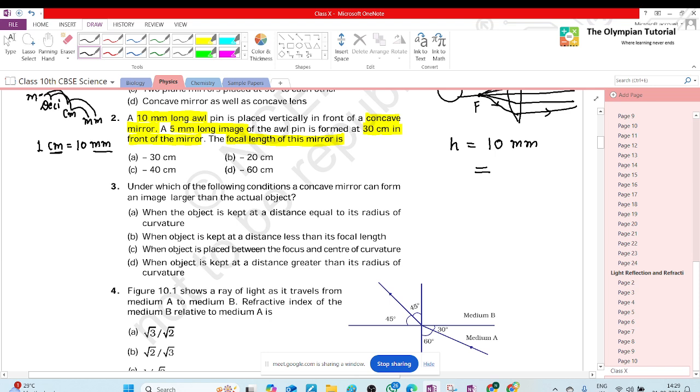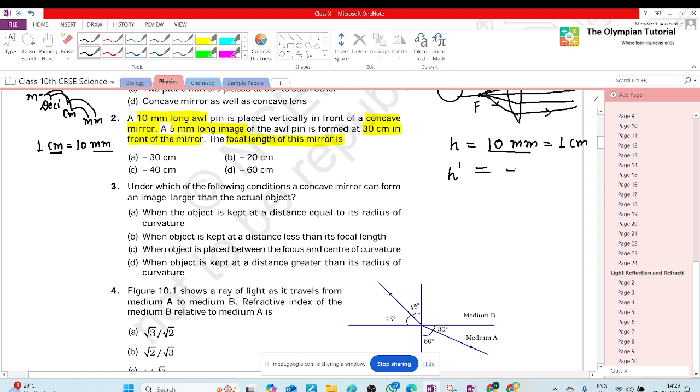Ma'am, and h dash is... Wait, I haven't finished. So 10 millimeter is equal to 1 centimeter. Ayukta, you also reply, beta. H dash is equal to minus 5 millimeter. It is minus 5. Why? Ma'am, because the image is always real and inverted.